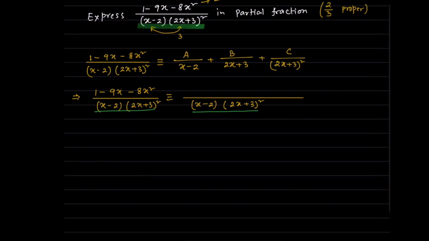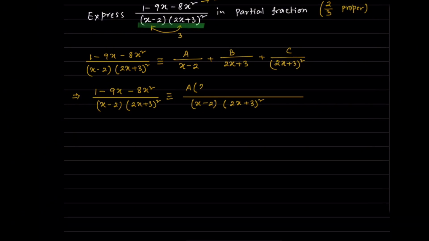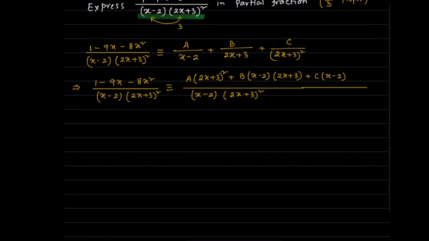Now we can write the upper part as a times 2x plus 3 whole square plus b times x minus 2 into 2x plus 3, and then plus c into x minus 2. And in the third step, we can remove the denominator from both sides because both sides have the same denominator.